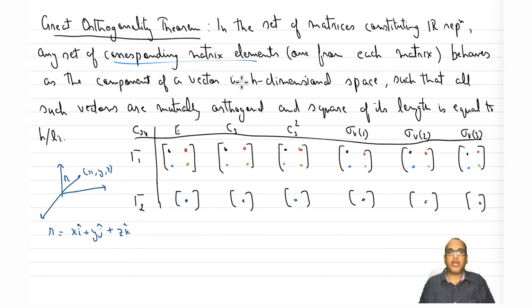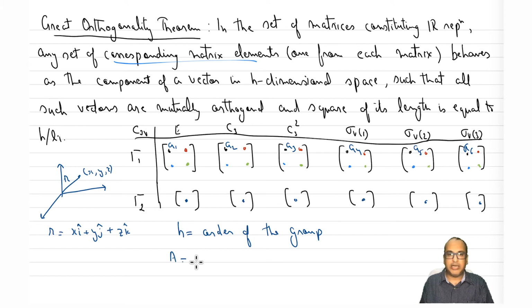Now here we are talking about h dimensional space. So what is h dimension here? H dimension is nothing but the order of this group. And we are saying that the corresponding matrix elements, so let's say if we are talking about these matrix elements A1, A2, A3, A4, A5, A6, these form a vector.